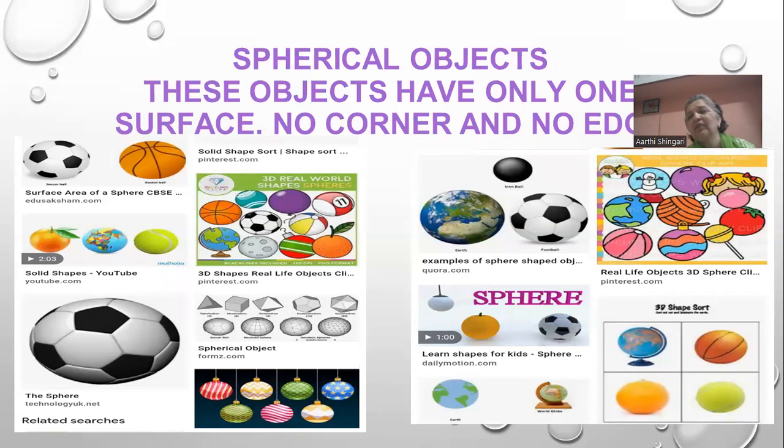There are many examples like fruits, like watermelon, sweet lime, apple, orange. In sweets, you can see gulab jamun, laddu, all are spherical shape. Spherical shape means they can only roll. They cannot slide. So spherical objects can roll. They have one surface, curved surface, no edge and no corner.